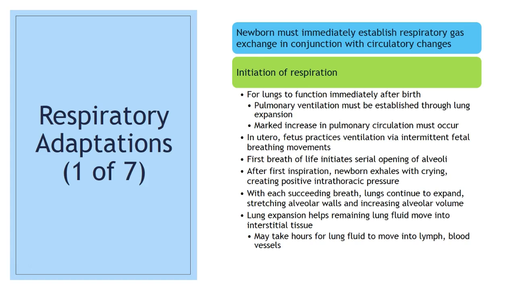But once the baby is born, pulmonary circulation has to increase dramatically because now our lungs have to work. So we have to have pulmonary ventilation, which happens because the lungs expand, and we have to have pulmonary circulation that increases in order to sustain lung function.